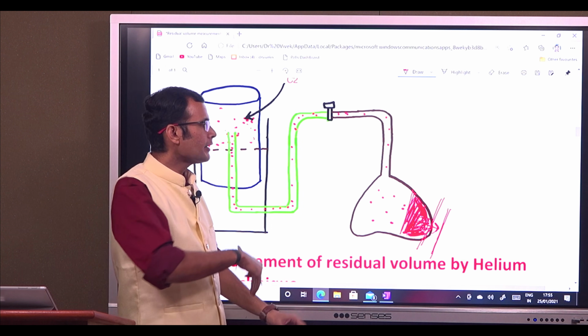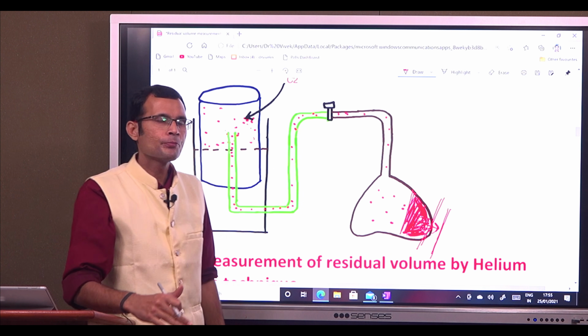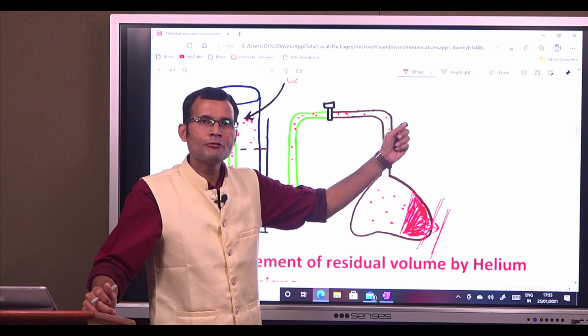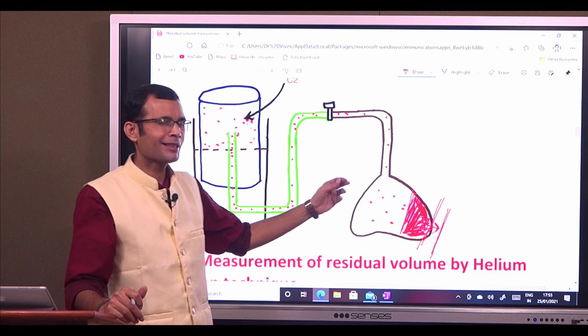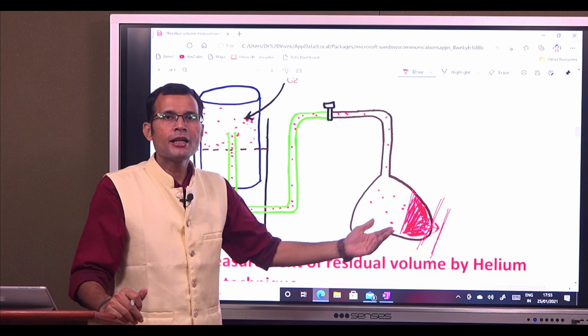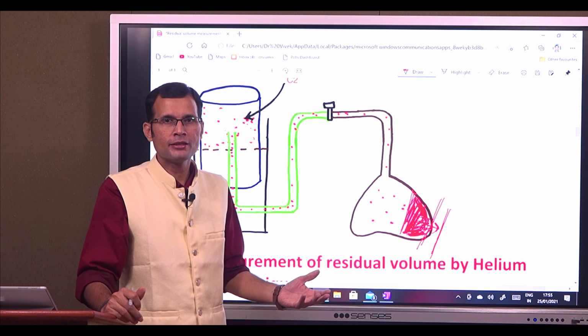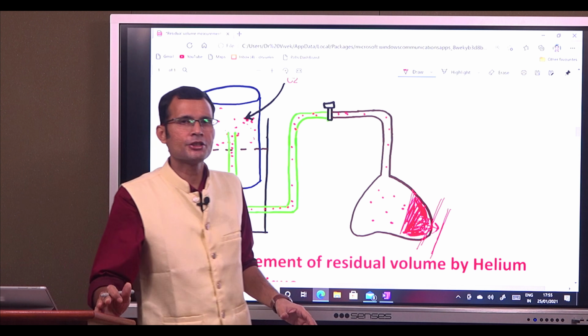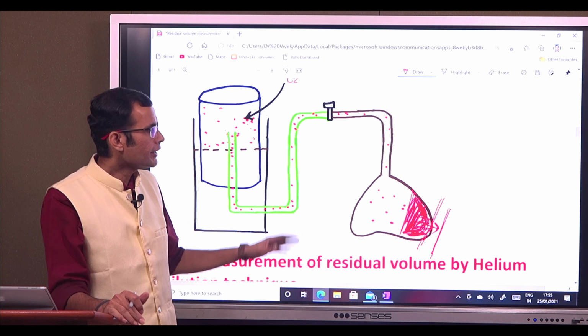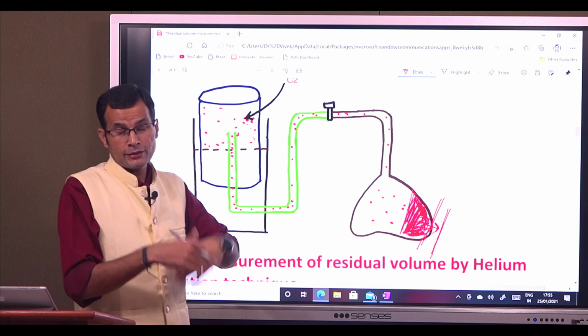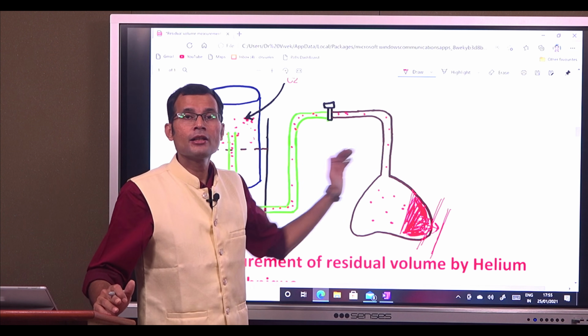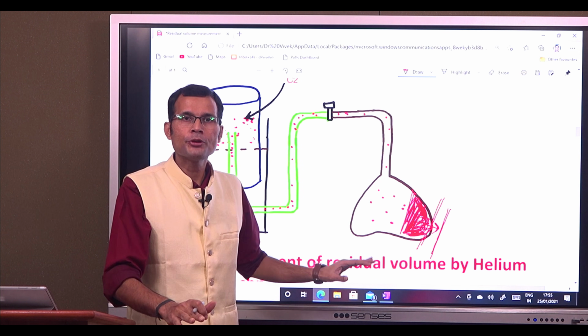Helium is getting diluted in a lesser volume. So, when you collect the sample for helium concentration, it will be slightly higher than what it should be, and therefore it does not become a very reliable measurement. That's a limitation to this method. Helium does not have the entire lung volume to get diluted.